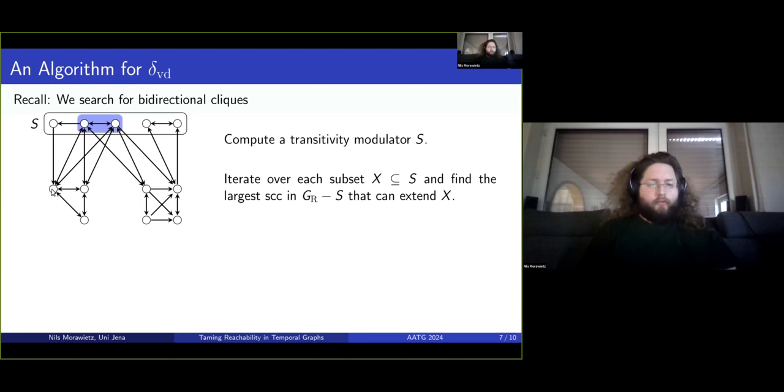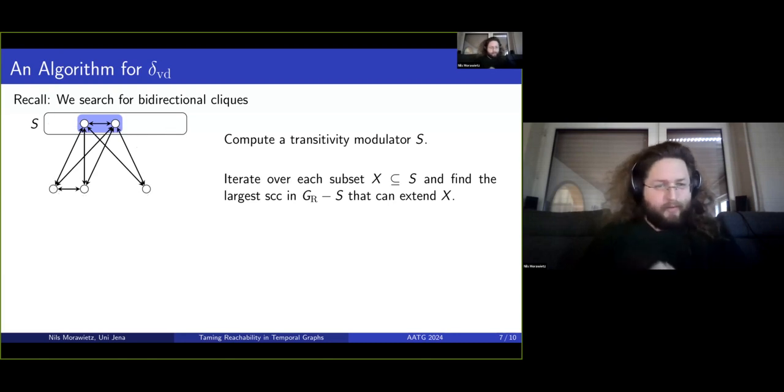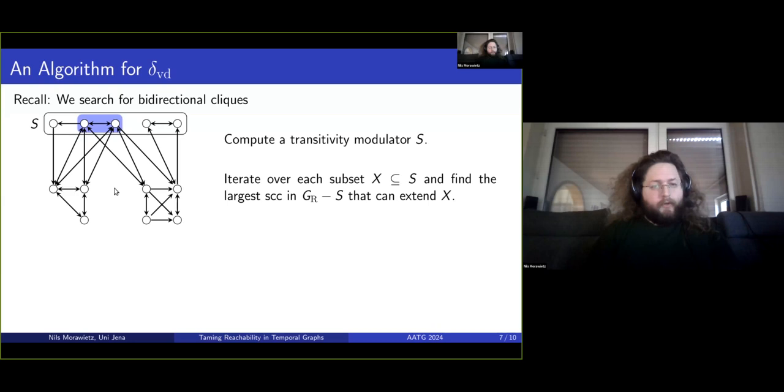So for example, this vertex, I don't know if you see my cursor, I hope. You will see which vertices remain, namely these 3, because all other vertices are not bidirectionally connected to both blue vertices on top.